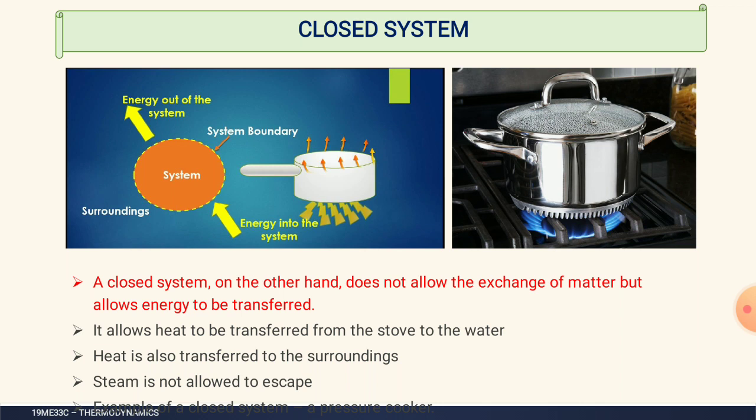To an extent we can treat the system as a closed system, but we cannot completely fix the system as a closed system. All systems are open systems. A closed system is imaginary, but for a certain time we can treat the system as a closed system.